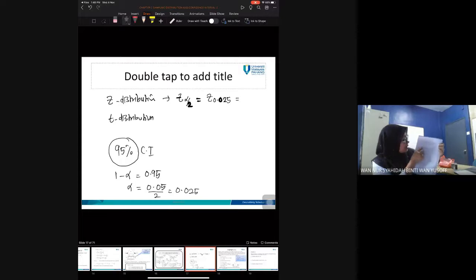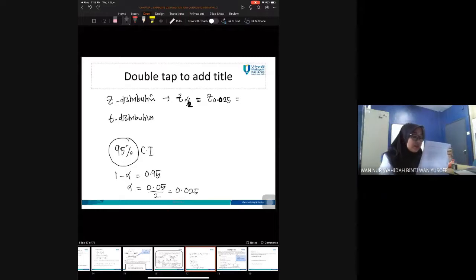So in table 4, we have alternating columns: first column alpha and then the answer, then repeated with alpha and the answer. So find 0.025 in the column of alpha, because alpha here is our alpha over 2.